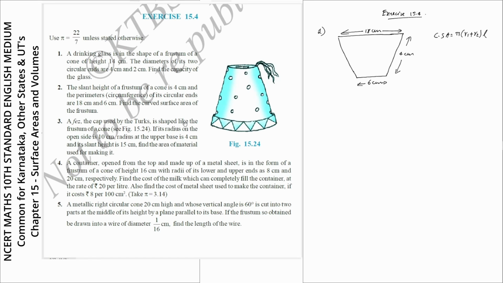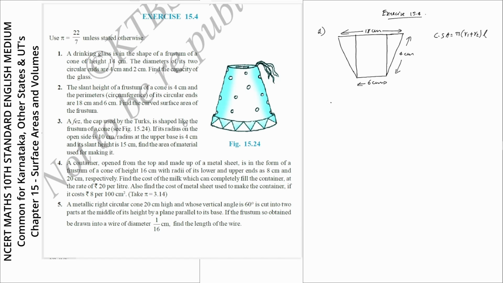So the radius of the bigger circle is r1. So I'll draw a perpendicular like this from this point, and from this point I will draw a perpendicular. Now 6 centimeter is the circumference of the lower circle and 18 centimeter is the circumference of the top circle.